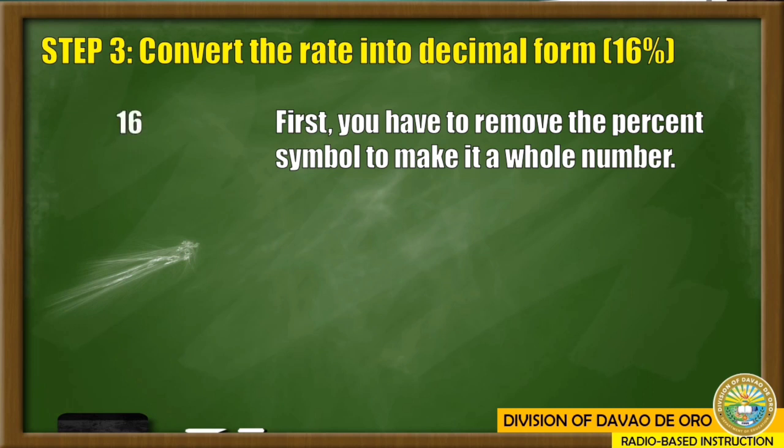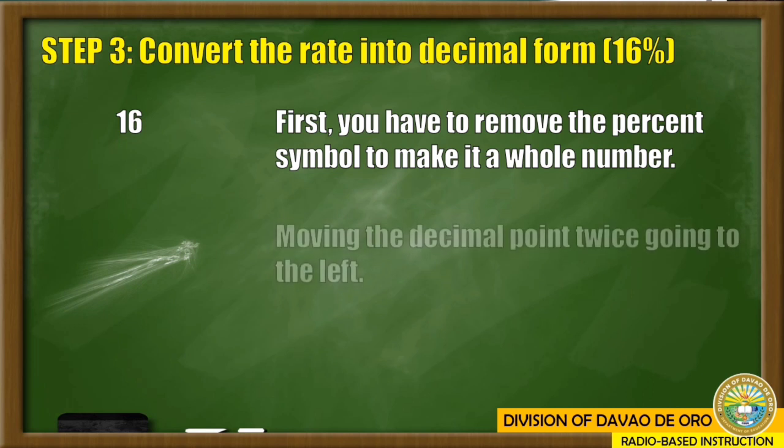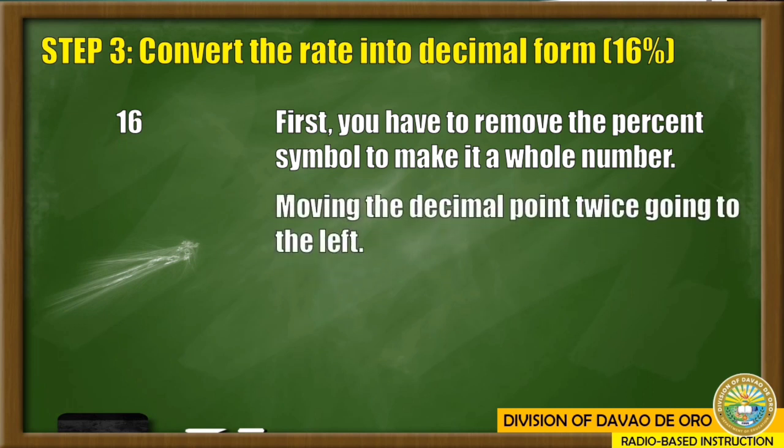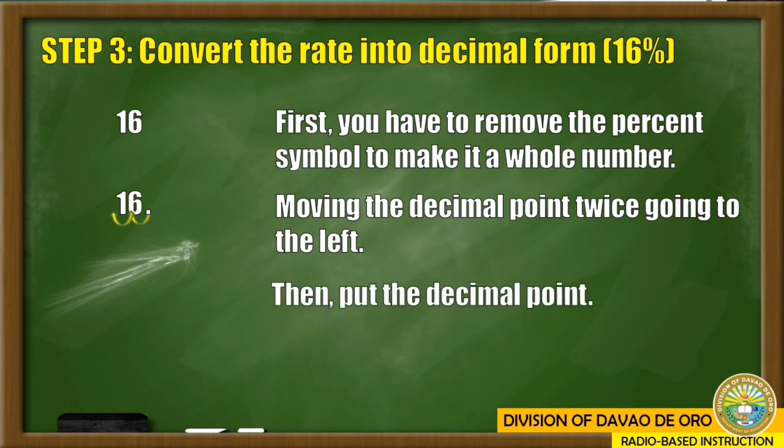Good job, 16. Step 2. Moving the decimal point twice going to the left. So we have an imaginary decimal point here. Then we will move the decimal point going to the left twice. 1, 2. Then put the decimal point, which happens like this.